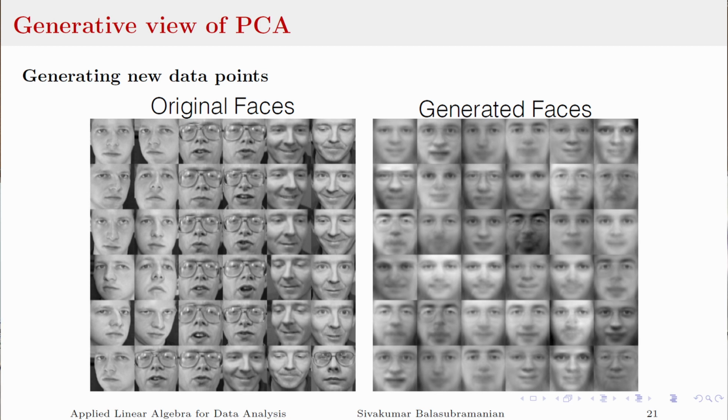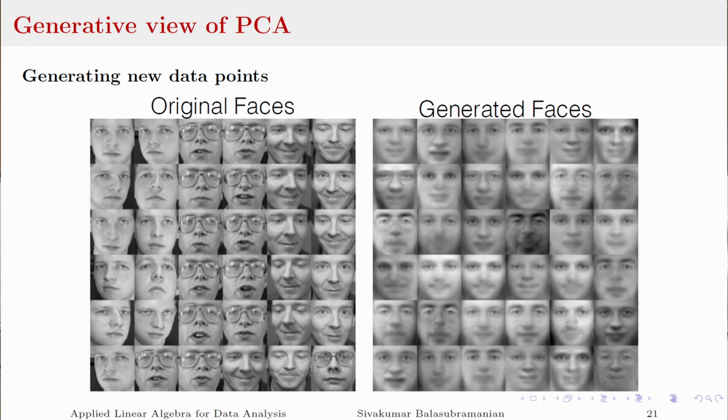One possible argument for saying it does lie on a low dimensional subspace is, if the data was purely random, that means each pixel had no relationship to another pixel, then what you should see is salt and pepper noise in your picture.